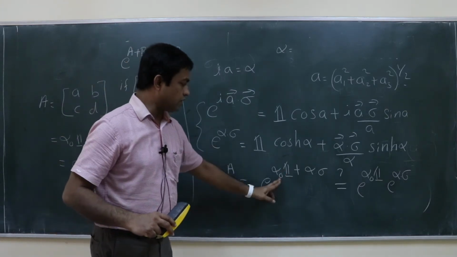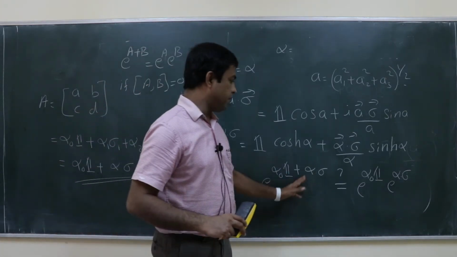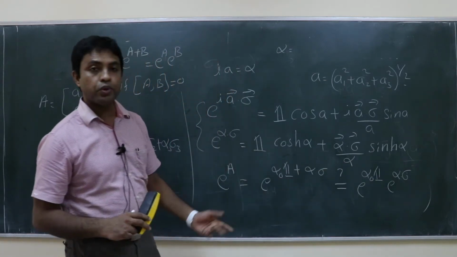Here a is alpha 0 identity operator and b is alpha dot sigma. Do they commute with each other?